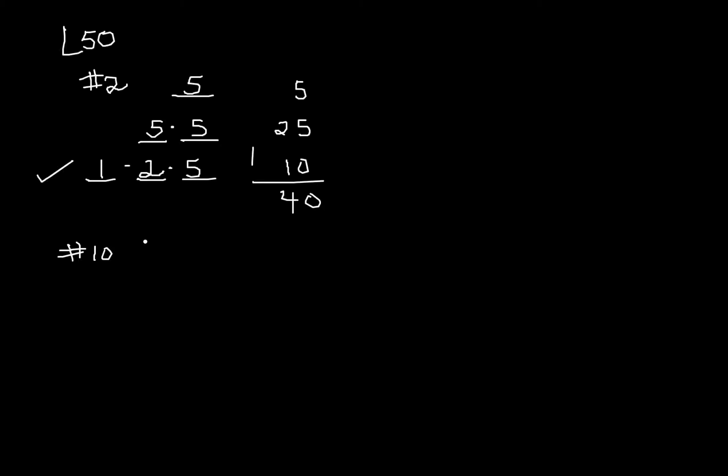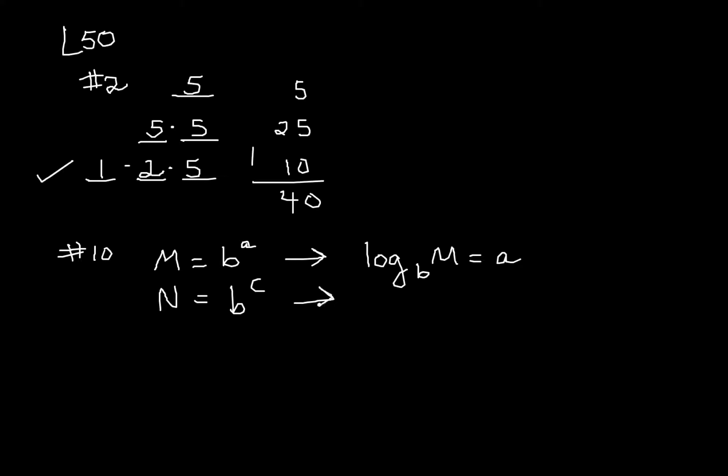Okay, this one's weird. It says m equals b to the a, n equals, you do? All right, so neither of you had this problem? Really? So rewrite these as logs. It's going to be log base b of m equals a, and you would rewrite this as log base b of n equals c.